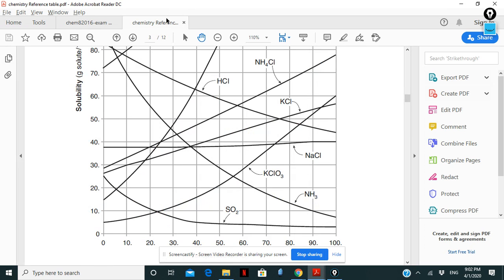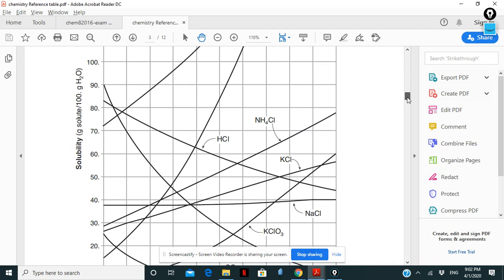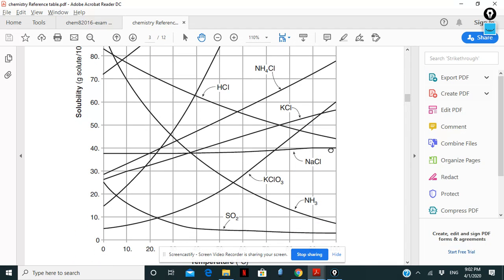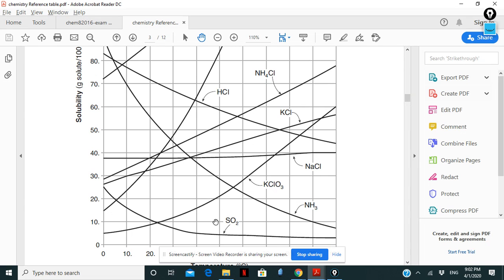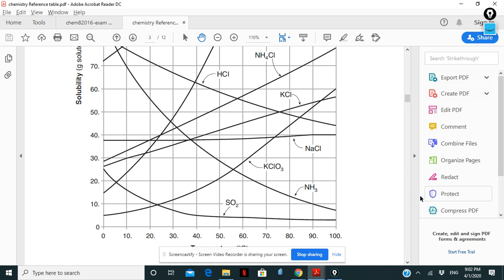So I go to my chemistry reference sheet. This is table G. He's talking about sodium chloride, and he's asking for 90 degrees. Here is 90 degrees. So I go all the way up along the line and take the reading over there.